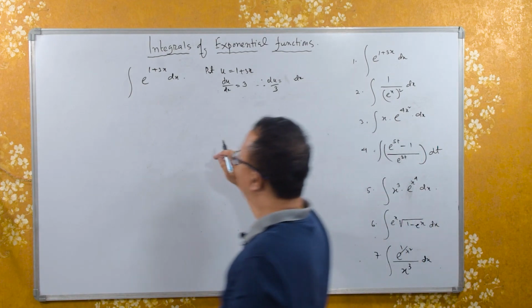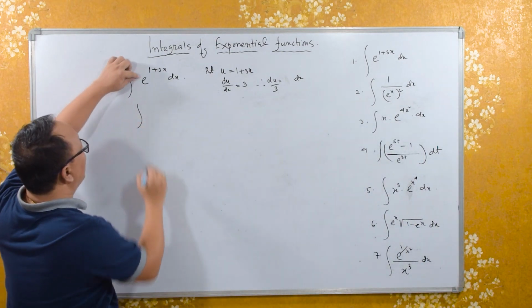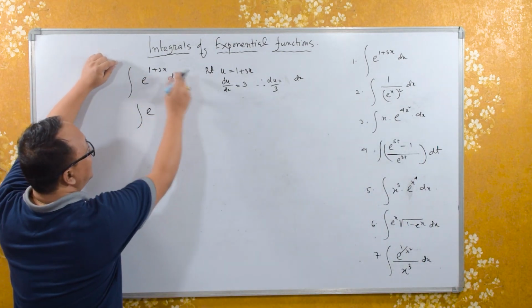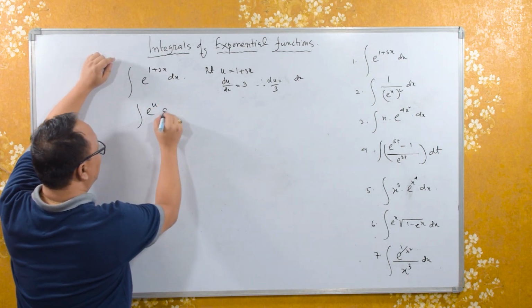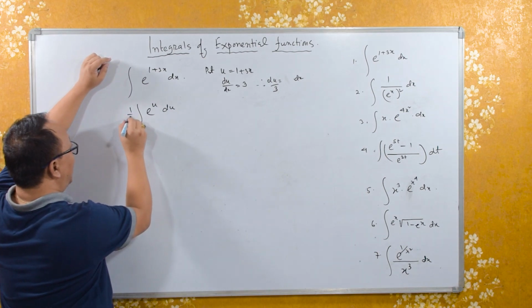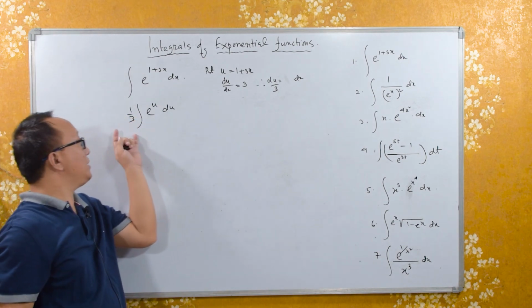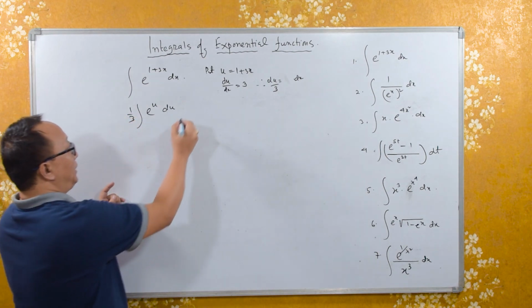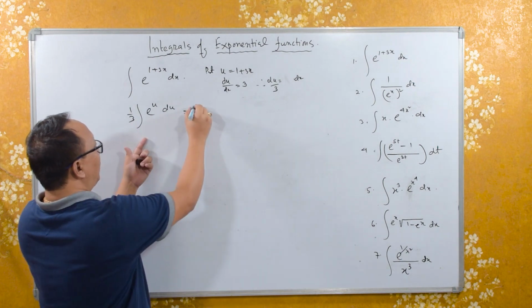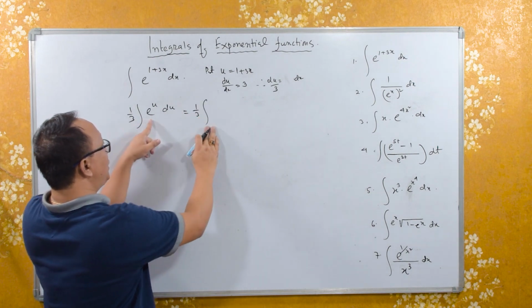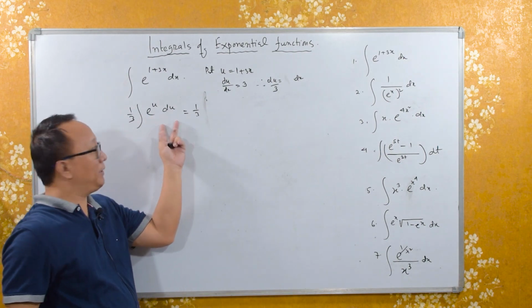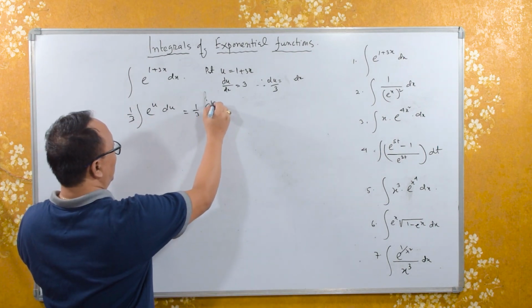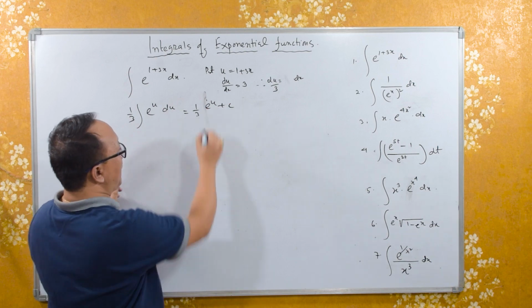Okay, this integral will be e raised to u, and dx is du upon 3. I can send this 1 upon 3 outside because it is a constant. Now 1 by 3 times the integral of e raised to u du, which is e raised to u plus c.